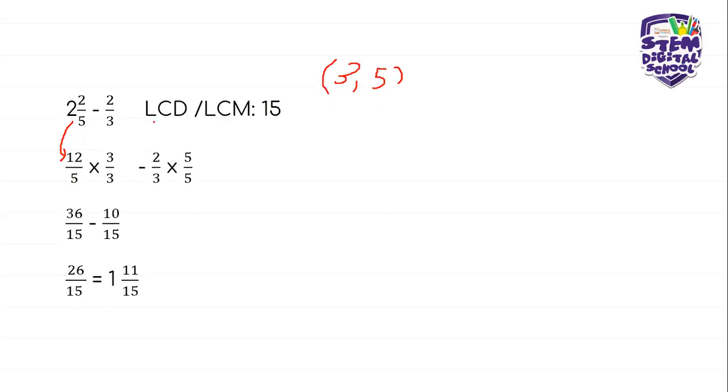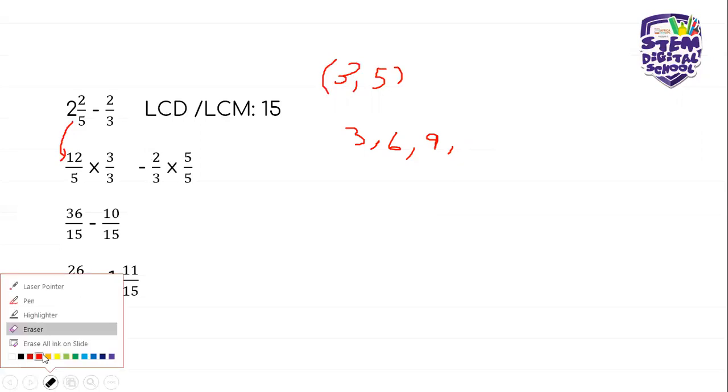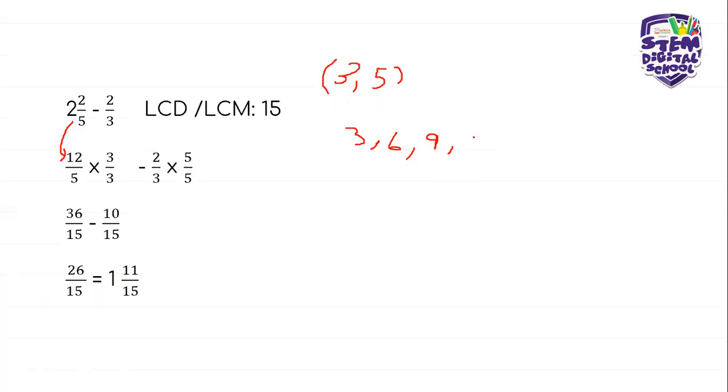Looking at them, what is the lowest common multiple or denominator that they can be? Let me count in threes first: 3, 6, 9, 12, 15, 18.